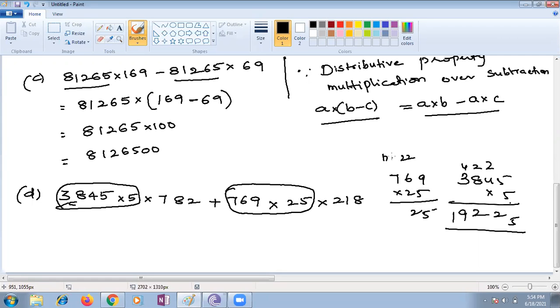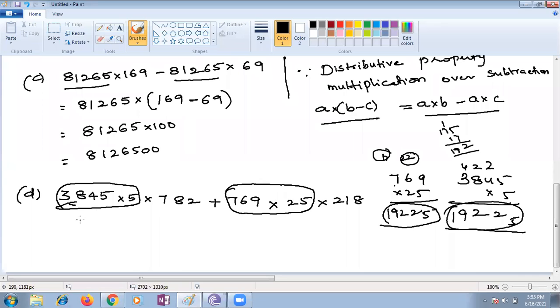So 2 I'm writing, 17 is carried over. 25 sevens are 175, 175 plus 17 is 192. So this can be written as 192. Now check these two numbers, are both the same or not? Can you identify the mother now?